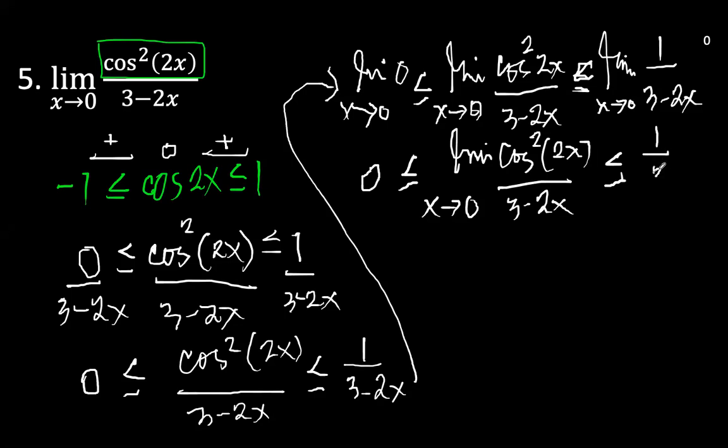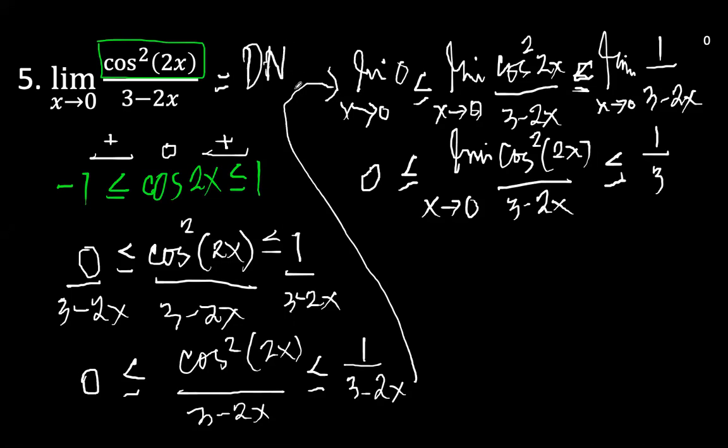This is 1/3, right? Since the limit on the left side is 0 and on the other side is 1/3, therefore the limit of this expression or given function does not exist.